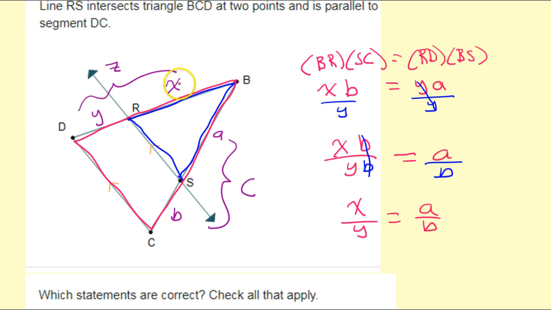X over Y, so that's part over part is equal to part over part. Everything in the same order. X over Y is equal to A over B. This is definitely a true statement. So that means the original statement must be true.